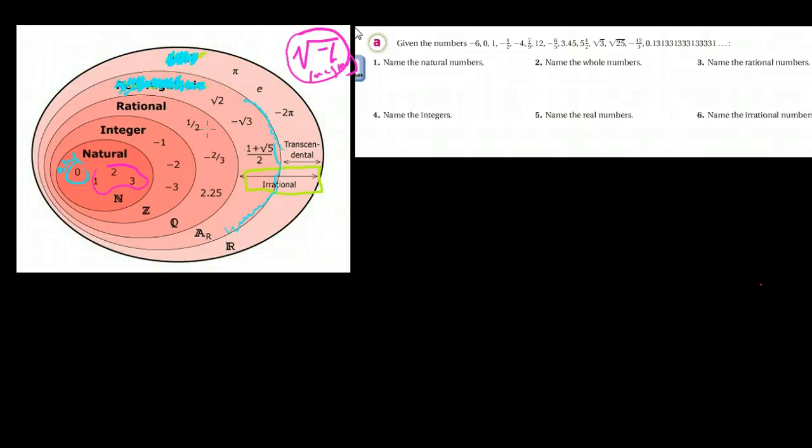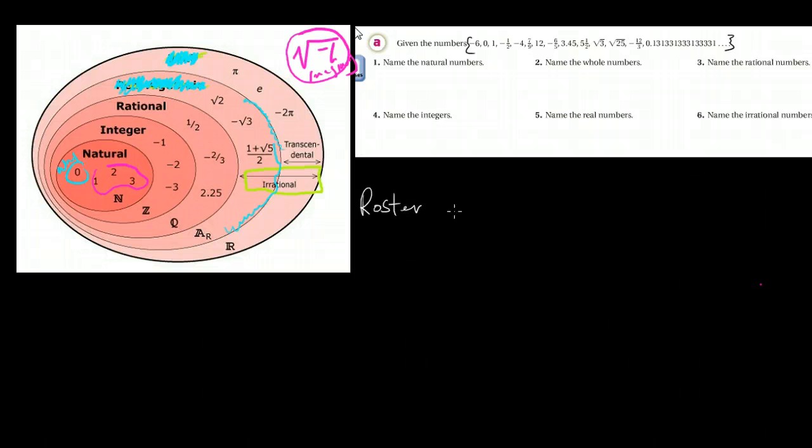So with that in mind, we are asked, given a set of numbers, and I'm going to change this just a little bit. I'm going to put squiggly brackets around these sets of numbers, and that's going to give it what's called roster notation.